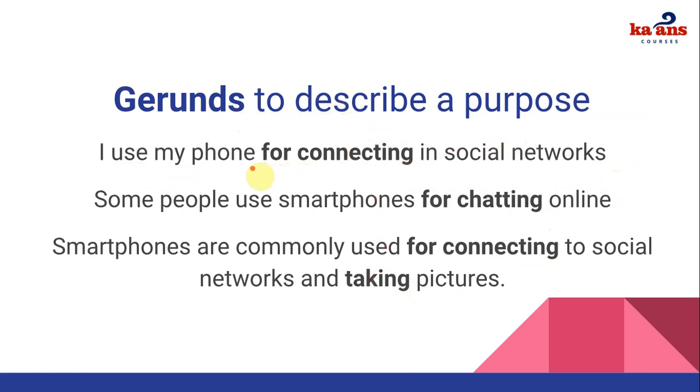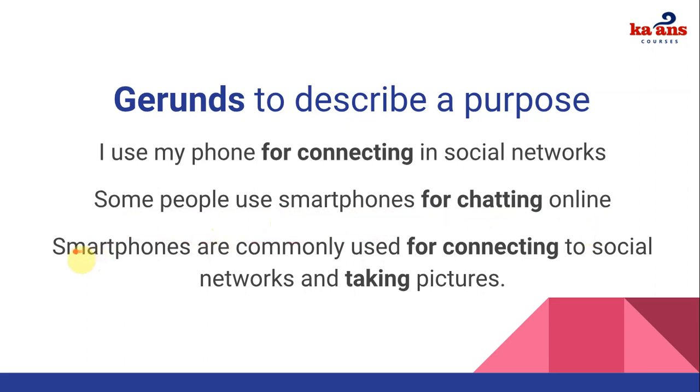Estamos dando la razón o el propósito de algún objeto que estemos describiendo, por ejemplo, smartphones en este caso, y estamos dando el propósito, su razón. Okay? So, I use my phone for connecting in social networks. Number 2, some people use smartphones for chatting online.